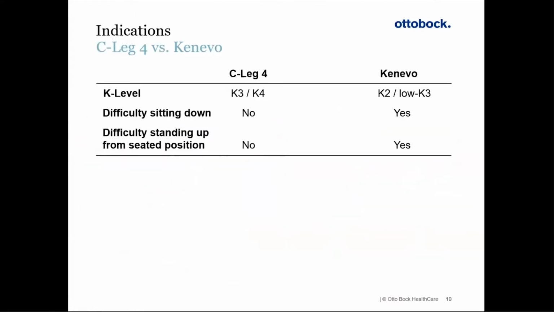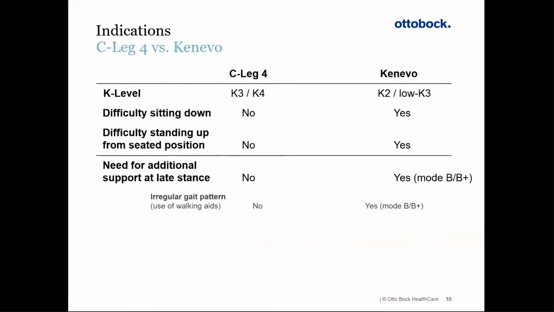So when we look at further indications, patients who need additional support at late stance are clear candidates for the Kenevo in mode B and B plus, because the swing initiation compared to the CLEC is usually a little delayed with the Kenevo in mode B and B plus, so that gives the patients some additional support and safety in the late stance phase.